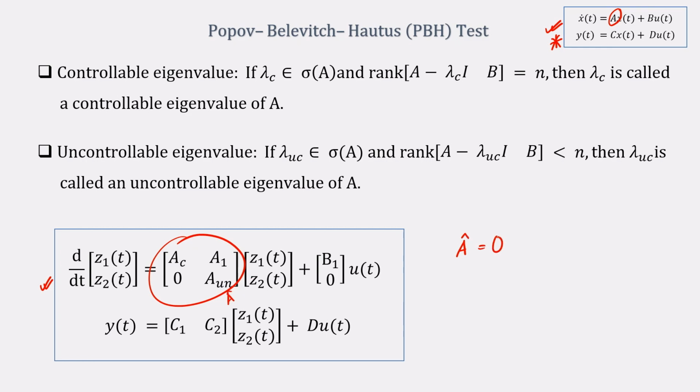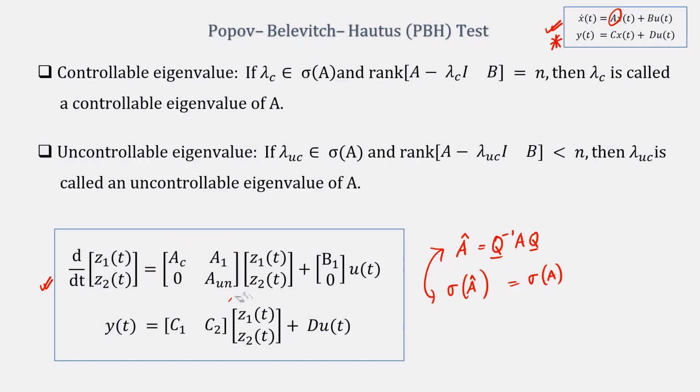So, A hat is nothing but Q inverse A Q, which means the eigenvalues of A hat and the eigenvalues of A will be the same, because this kind of transformation does not change the eigenvalues, because the characteristic equation is not changing. We have already done this type of thing earlier also.